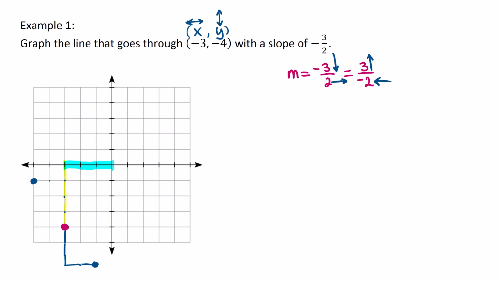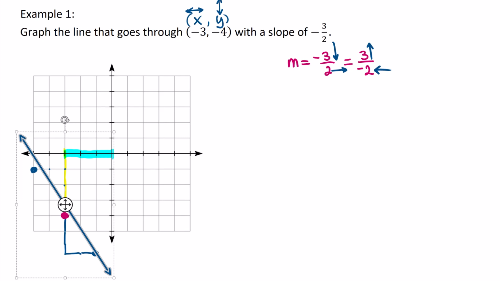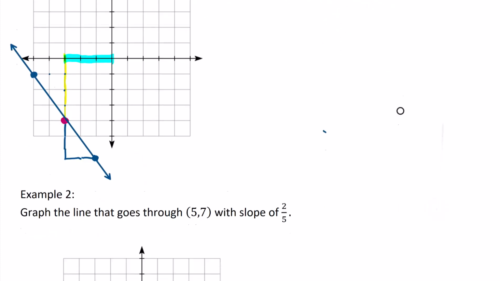And notice that if I make a line, I can get it to go through all of these points, and I'm guessing here for the part that went off the line, but notice that a rise that's negative and a run that's positive is equivalent to a rise that's positive and a run that's negative. Okay, that sounds confusing, so let's try this again.